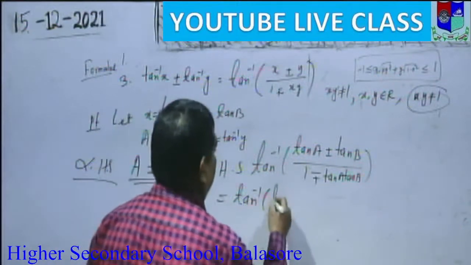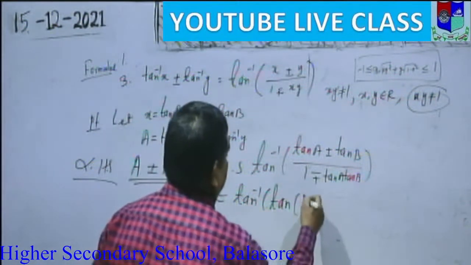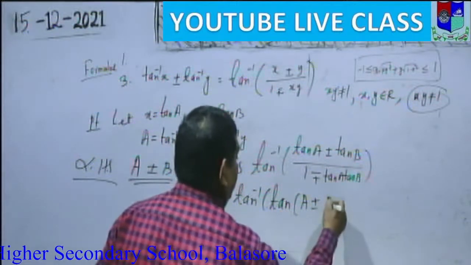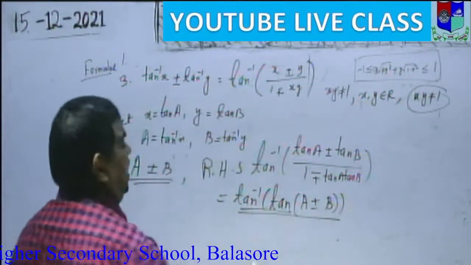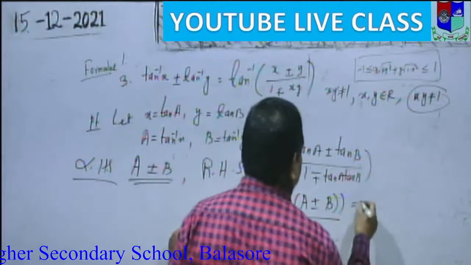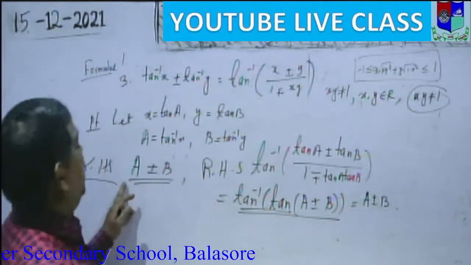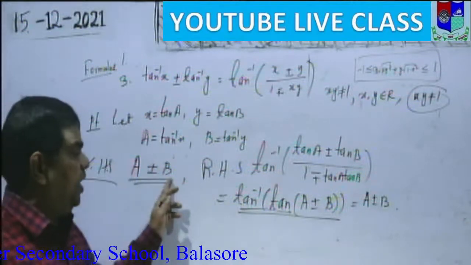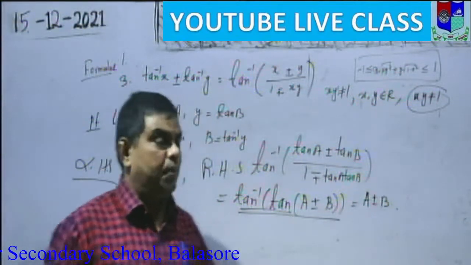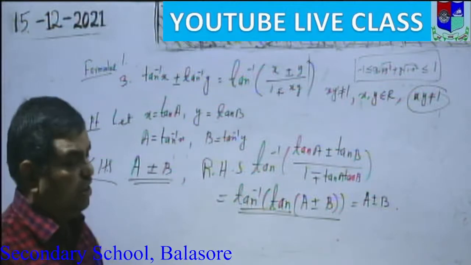This is your tan of a plus or minus b. This is tan inverse of tan, the answer is a plus or minus b. This left hand side is your a plus minus b. Right hand side is a plus minus b. So this is the theory.